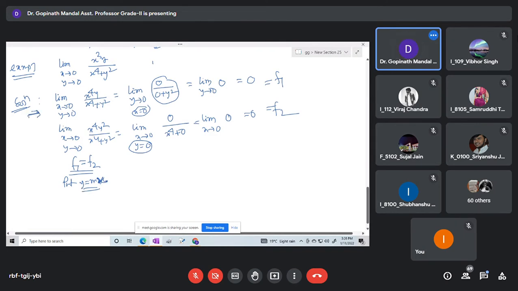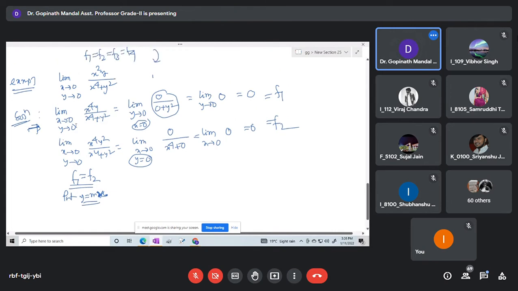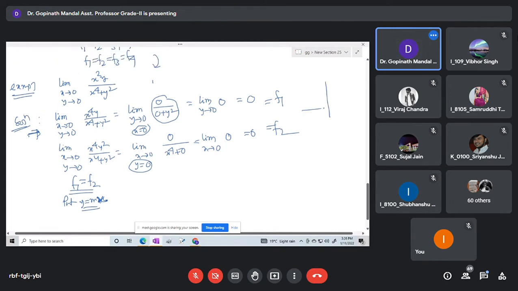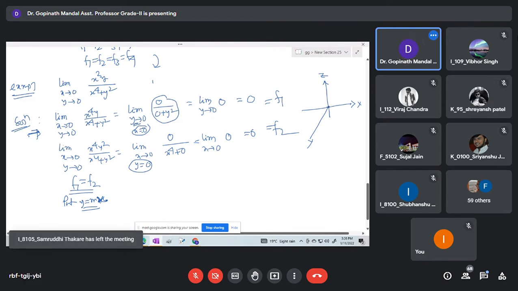First we check this, in x, y and z. We take the limit by different paths. First x equal to 0 and y tends to 0, by this path the limit is 0.